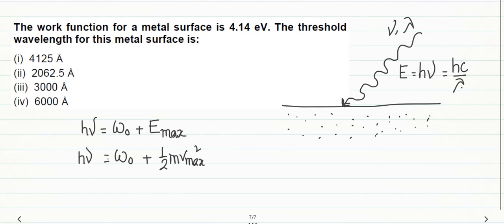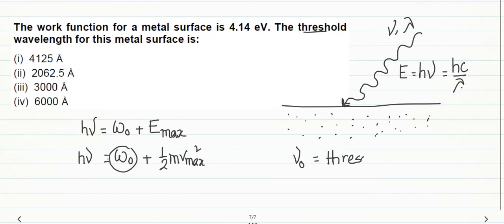Now this is called the work function W naught, and the threshold wavelength is a particular wavelength. If the wavelength of the radiation is above this, or the frequency of the incident radiation is below a particular characteristic frequency, which is called the threshold frequency, then we will not see any photoelectric emission.